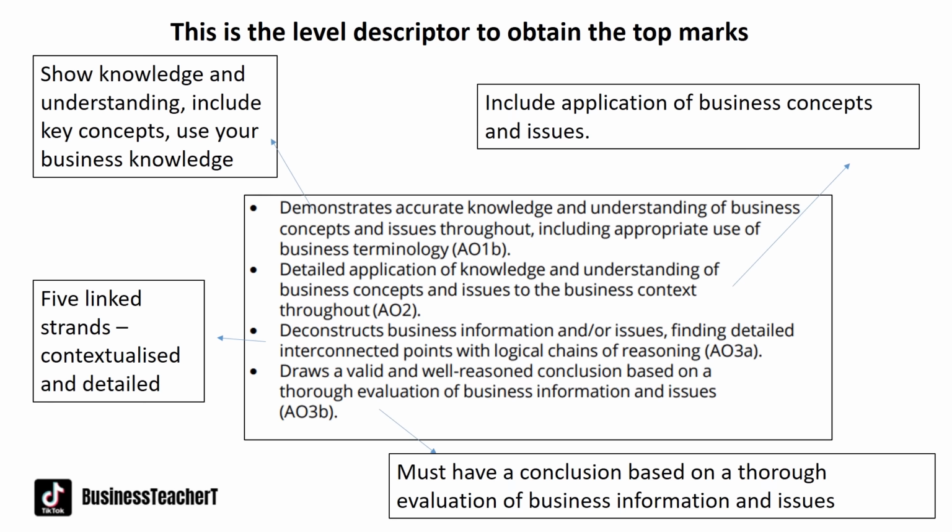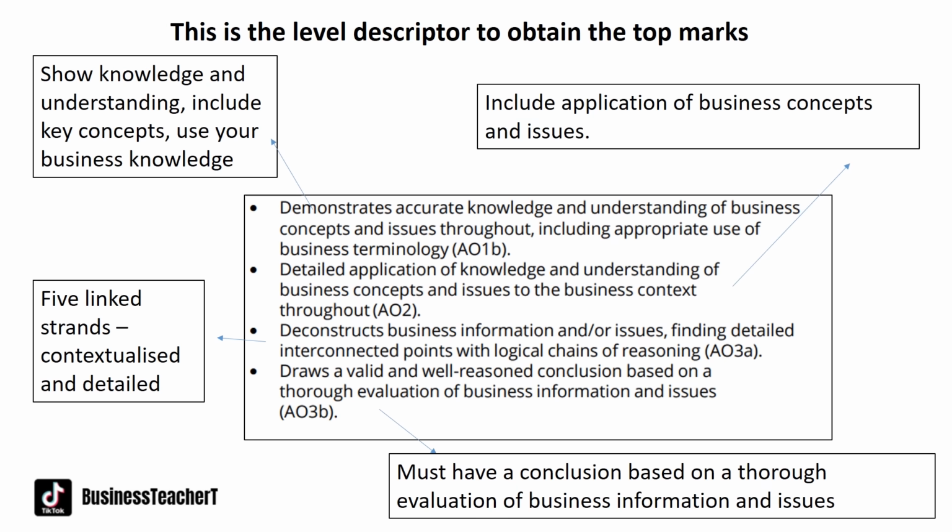So I've taken a snippet of the level descriptor for the 12 marker so you can see what you need to do in order to obtain the necessary marks. For this question, you are tested on all assessment objectives. You're tested on accurate knowledge and understanding, AO1B. You need to ensure that you have detailed application, AO2.